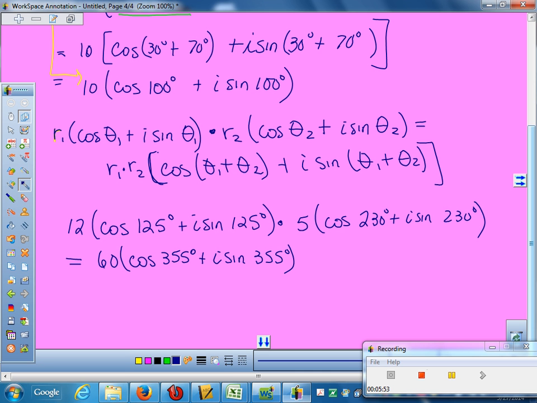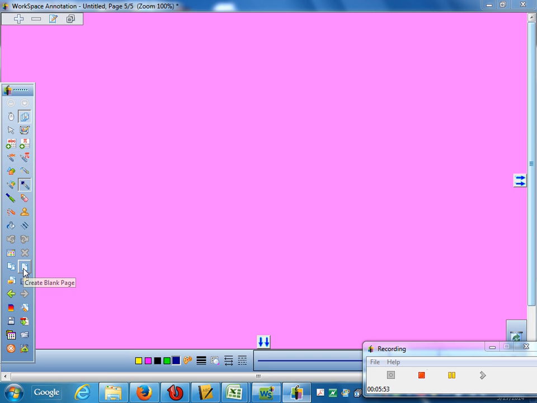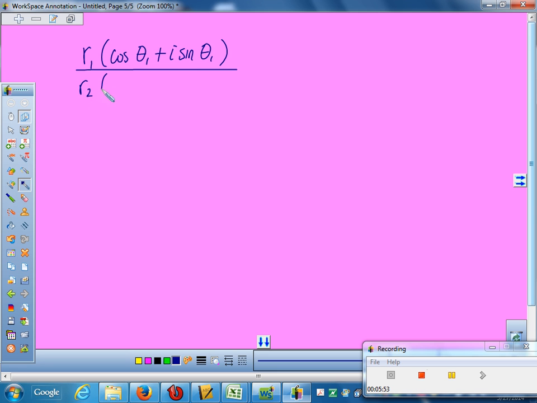Okay, I also think I'm going to bet you can figure out the rule for dividing if you know the rule for multiplying. So if I give you a complex number divided by a complex number, what do you want to do with the radius?